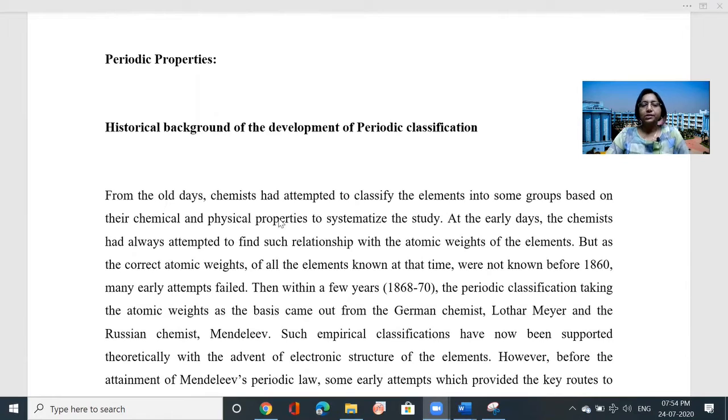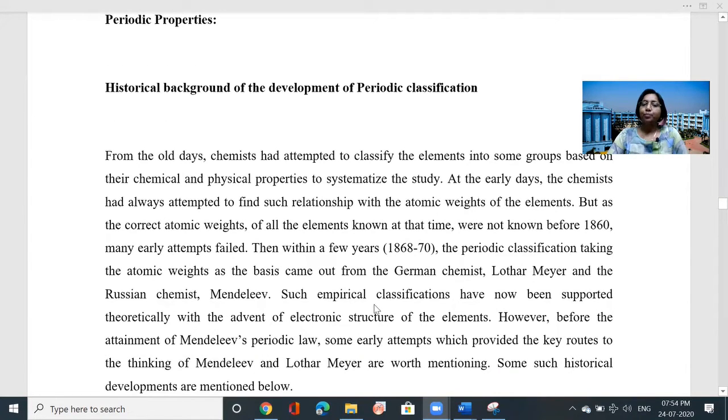From the old days, chemists attempted to classify the elements into groups based on their chemical and physical properties, for systematic study. Because if it can be categorized that their properties are the same, then we can understand what type of reaction they will go through.